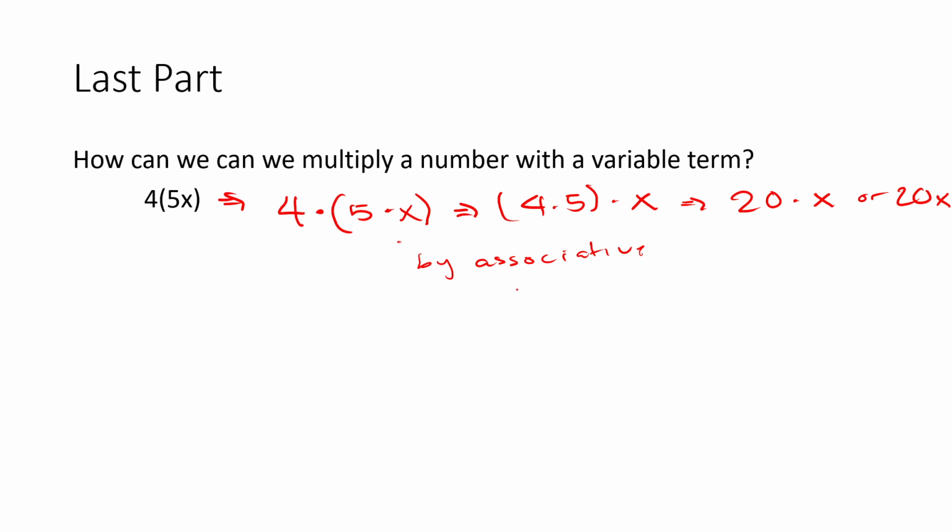And that's it. So basically, what you're doing is you're multiplying the number outside with the coefficient, okay? You don't need to show me this. You can just go straight to the answer.